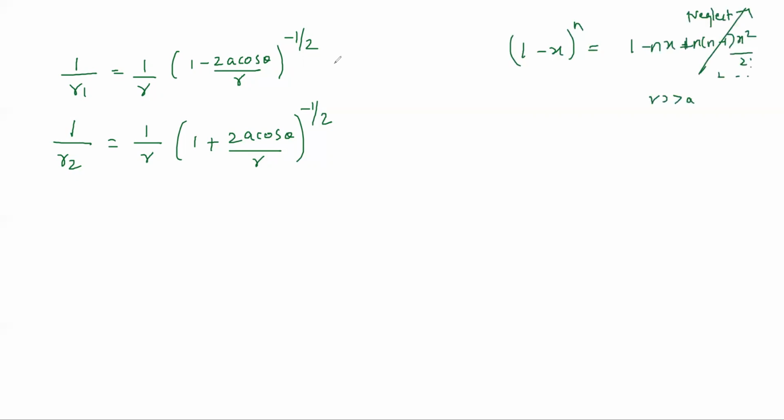So, carefully noted, we have 1 by r outside and 1, and the second term is where you multiply n to it, multiply the whole power to it. So you will get 1 minus 2a cos theta by r to the power minus 1 by 2.